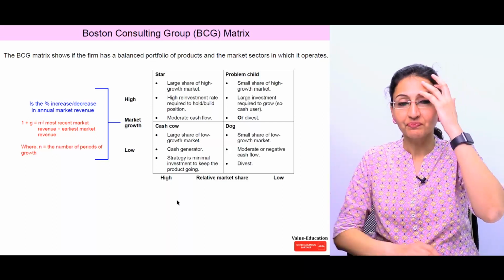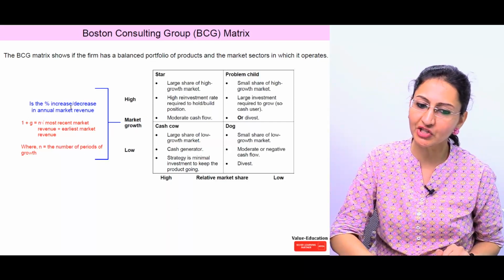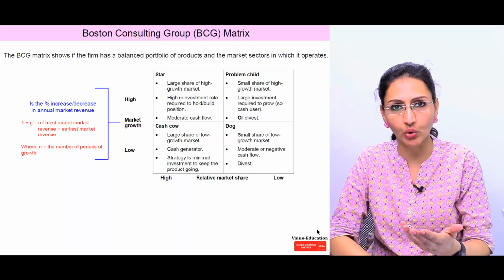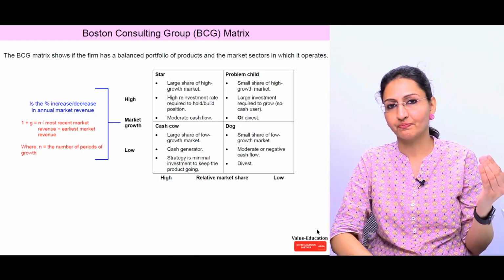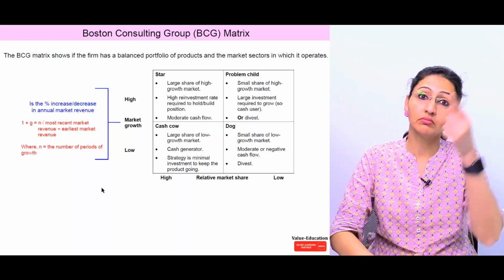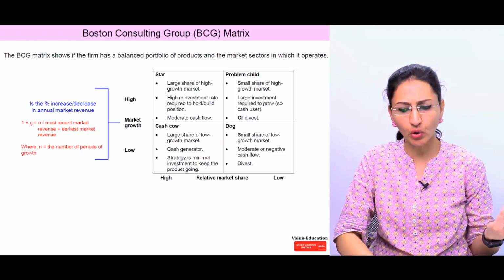Now let's see more details about market growth. What is market growth? It is the percentage increase or decrease in the annual market revenue. When we say market growth, it talks about market revenue. Market growth is calculated from the most recent revenue divided by the earliest revenue, over the number of periods of growth.